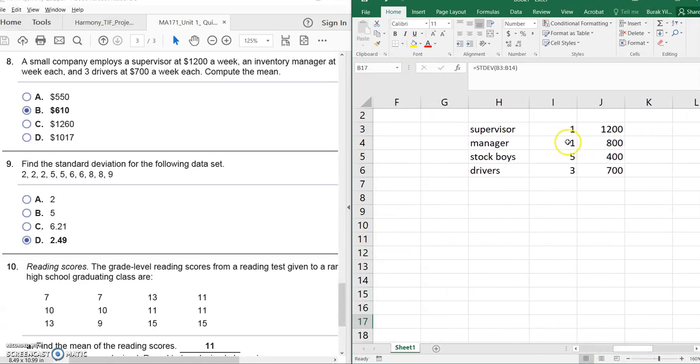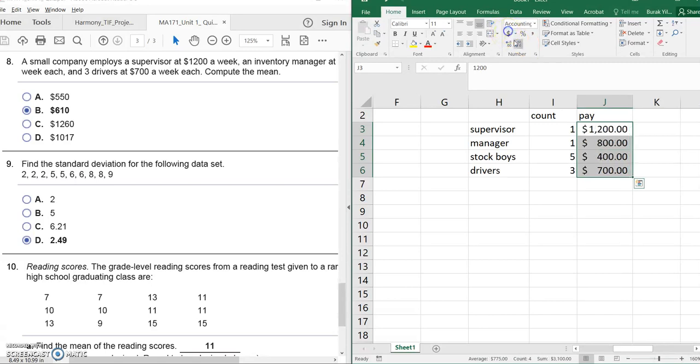Okay, so number 8. If you read the question, it says a company employs a supervisor. So there's one supervisor. These are the counts, so count and pay. One supervisor is paid $1,200 weekly, and then there's an inventory manager.